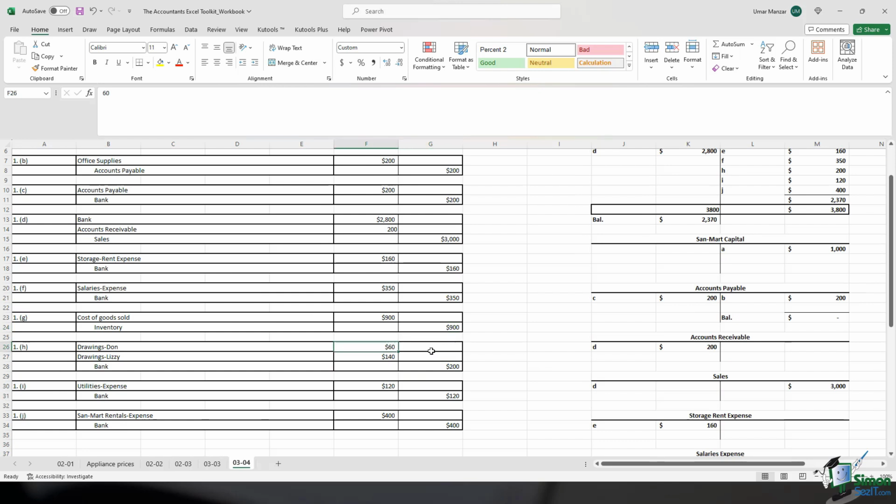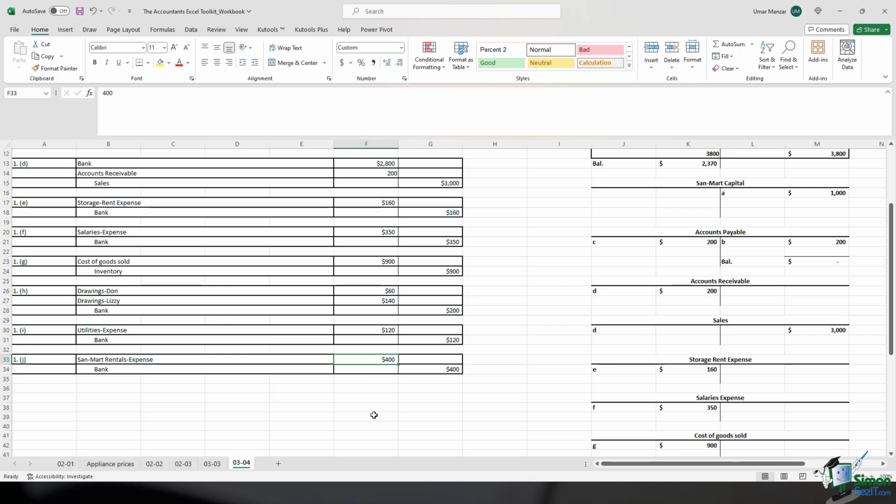Going down our list, we see a personal touch as Drawings Dawn and Drawings Lizzie claim their shares from the bank, amounting to $60 and $140 respectively. The utilities make their presence known, incurring an expense of $120 paid off from the bank. And the grand finale sees SanMart Rentals expense entering the ledger, claiming its share of $400 from the bank.